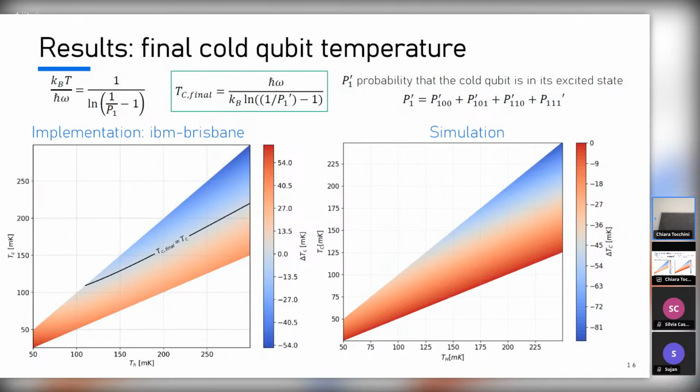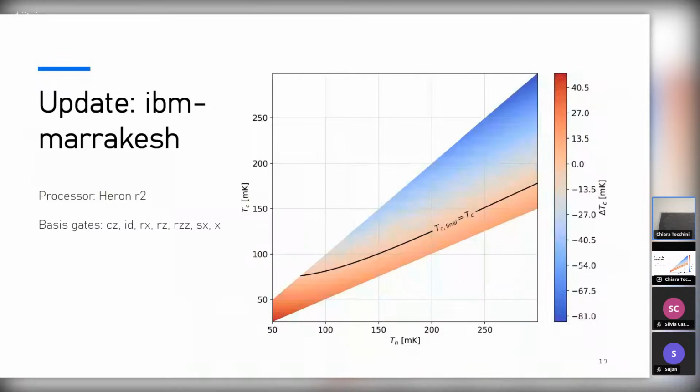And we see that in the ideal case, the variation of the temperature is always negative, as we expected. But in the implementation case, the cooling is only possible above this line, and it's due to the noise inherent to the quantum computer.